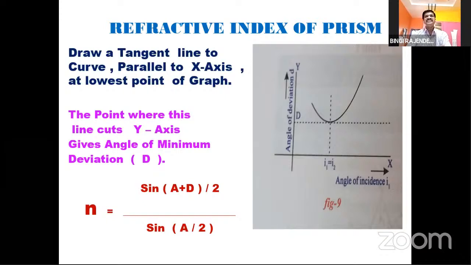Where the least value is observed, at that point we draw a line parallel to the y-axis. This gives the minimum deviation of angle Dm. For this, we can take the formula: refractive index of the given prism n is equal to sine of (A plus D) by 2 divided by sine of A by 2.